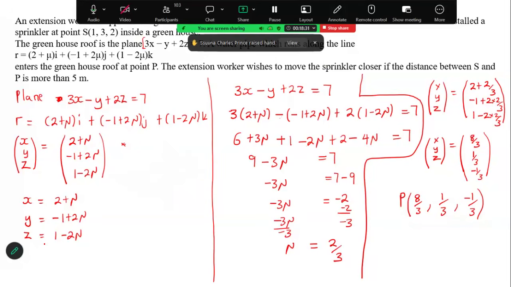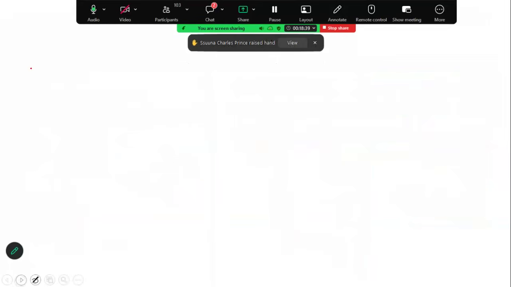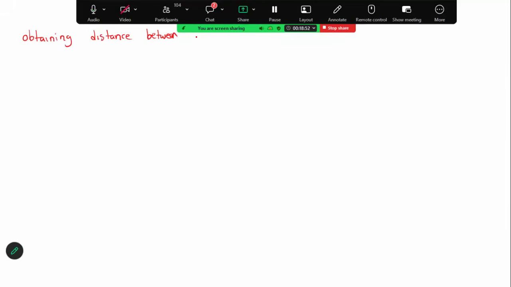So now that is the point. Now, after obtaining that point, you are going to go on and find the distance. Like I told you, always you must communicate. So you are going to come here and say, now obtaining the distance between S and P. Always communicate what you are working out.